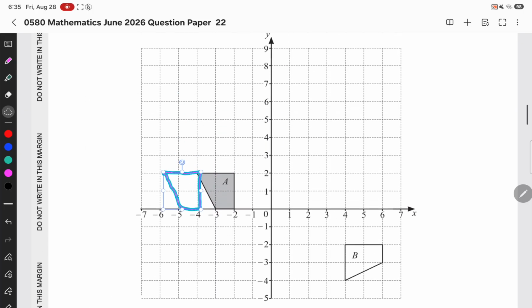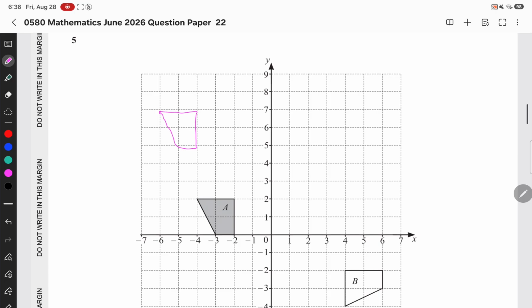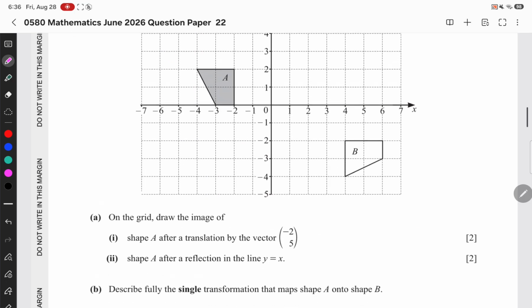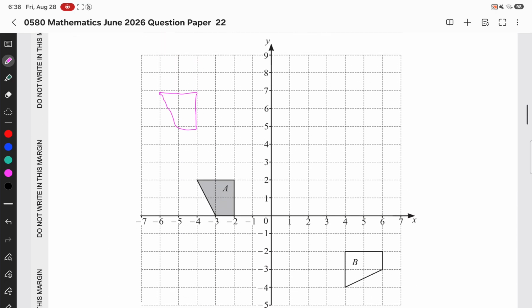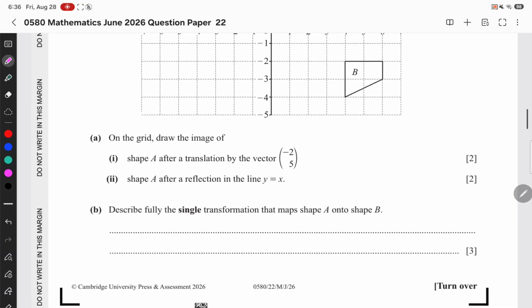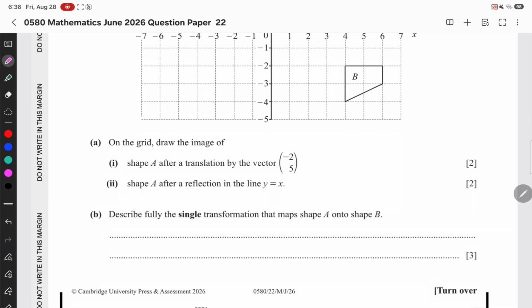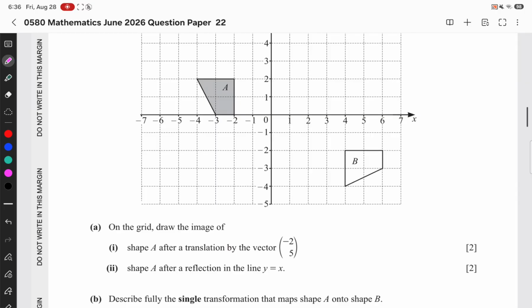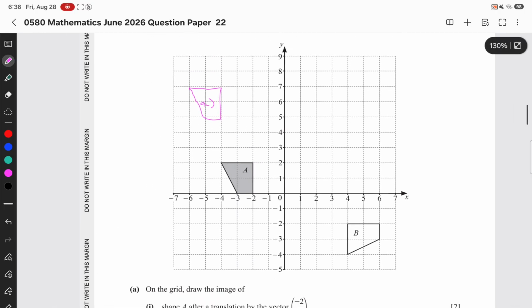Next, we go 5 up because it's in the direction of the y-axis. A bit like so. I will name this A prime, A after reflection in the line y equals x. So let's draw y equals x.